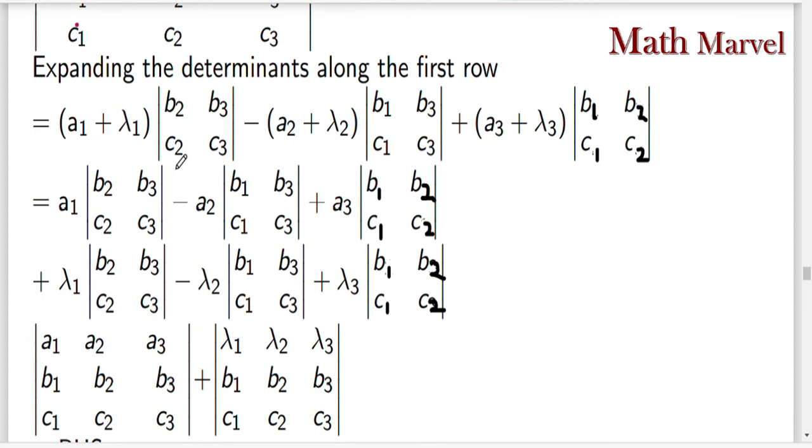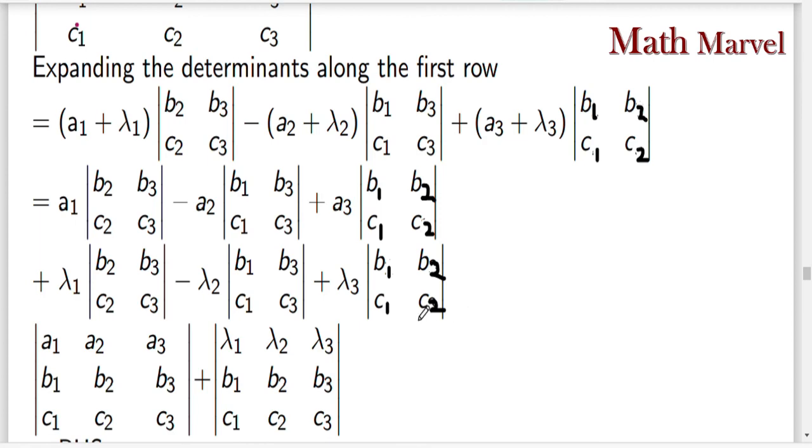So a1 multiplied by this determinant, after the signs plus minus plus, here it becomes minus a2 multiplied by this determinant, plus a3, here write this determinant. Now show the multiplication with lambda 1, lambda 2 and lambda 3. So plus lambda 1, write this determinant here. After the signs plus minus plus, so minus lambda 2, this 2 by 2 determinant right here, plus lambda 3, here both are positive signs. So plus lambda 3, write this determinant here.